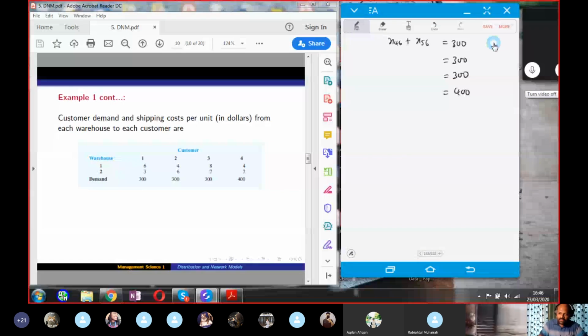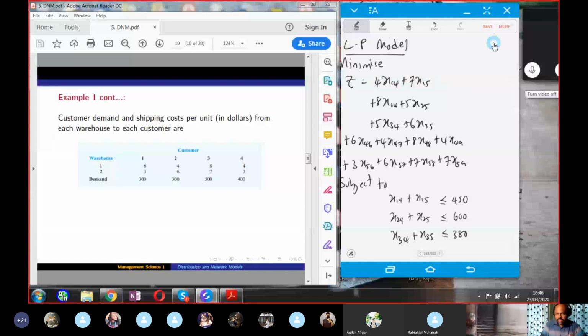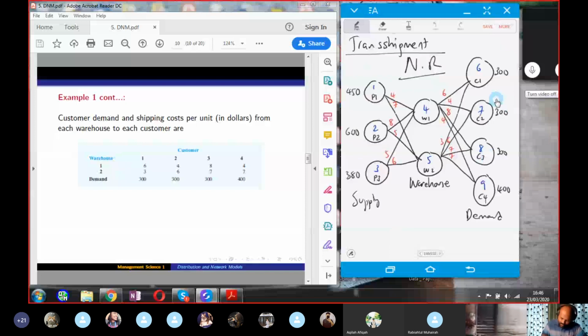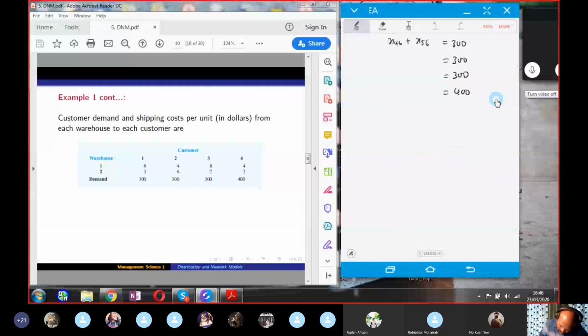And then the same goes for customer 2, 3, and 4. This one x47, x57. Okay, these are the constraints for customer.